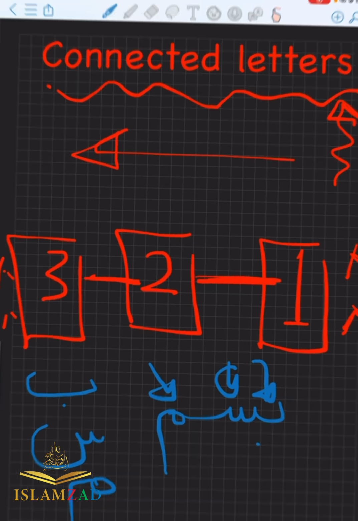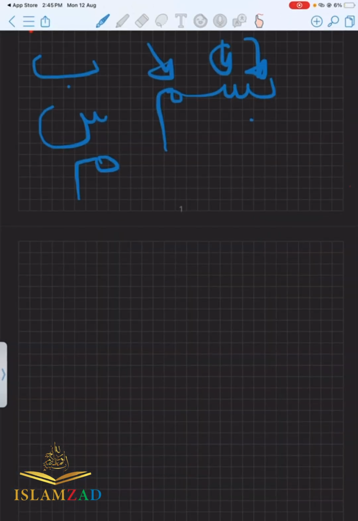I will explain. In most letters, we have to cut part of the letter to make it connected to the letters before and after, okay? You got it? So in most cases, we cut the tail of the letter, or the left side of the letter. I will give you examples to make it easier. For example, Ba. We cut the left part of the letter and it comes like this.